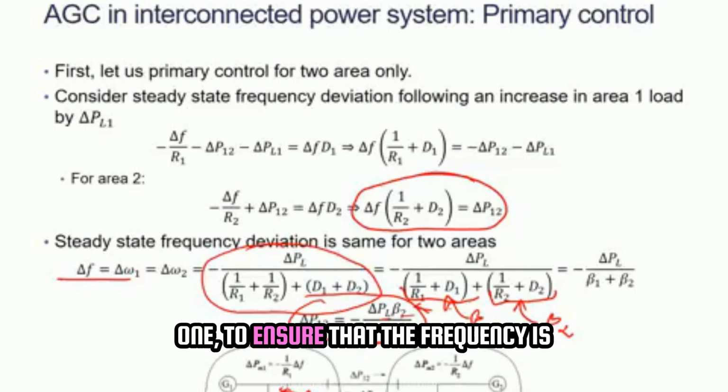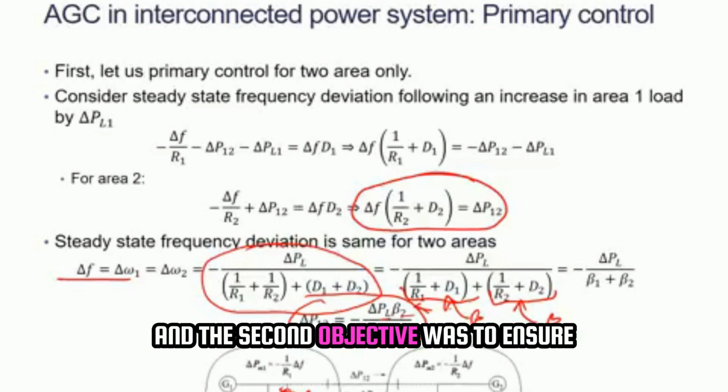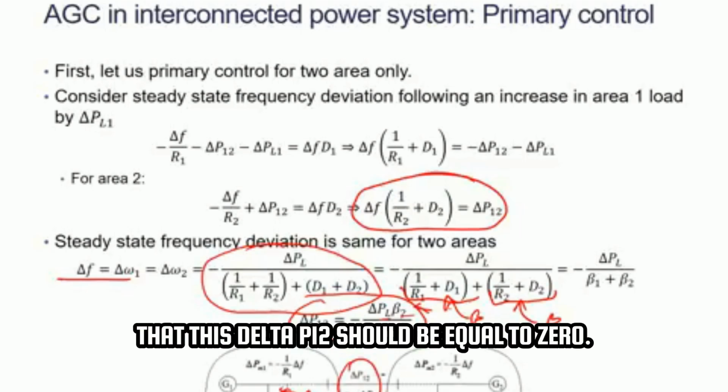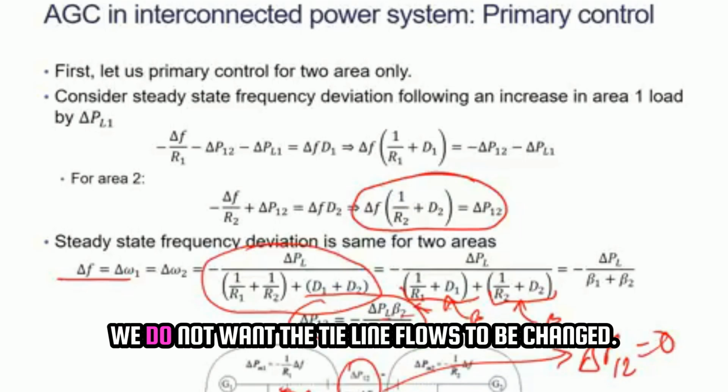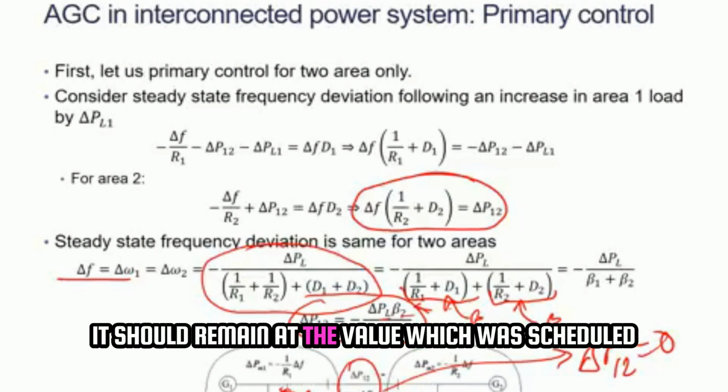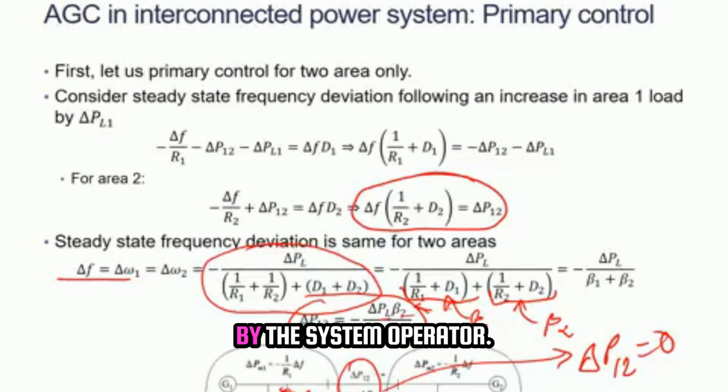One, to ensure that the frequency comes to the nominal value. And the second objective was to ensure that this delta P12 should be equal to 0. We do not want the tie line flows to be changed. It should remain at the value which was scheduled by the system operator. It should not be changed.